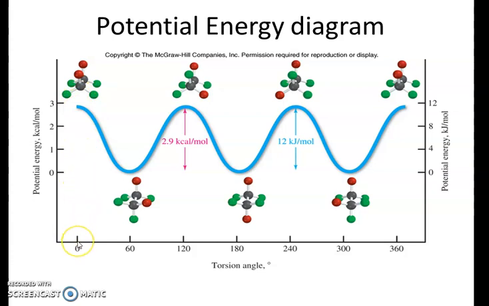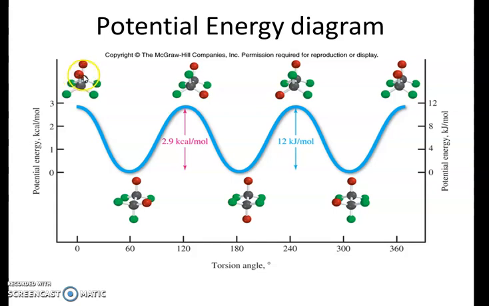Now you started with the eclipsed form, and if you rotate 60 degrees, definitely what happens? Whenever you rotate an eclipsed form about 60 degrees, it will reach the staggered form. For the sake of convenience, we are fixing the back carbon and rotating the front carbon.